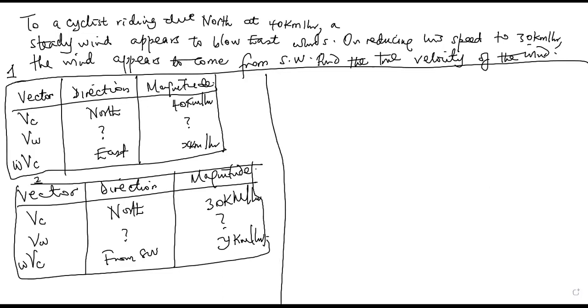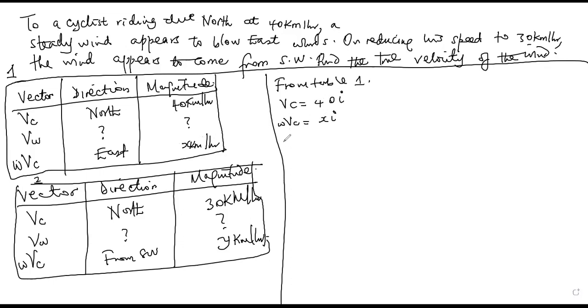So let's first work on table 1. Let's first summarize from table 1. From table 1, velocity of a cyclist is equal to 40 north, so it is 40j, and velocity of wind relative to the cyclist is x east, so it is xi.